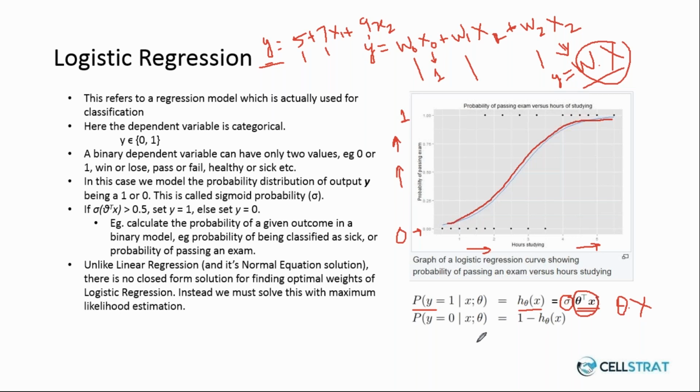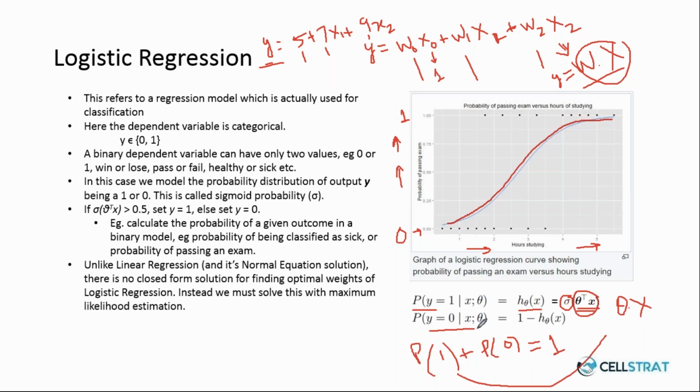And see, probability total is always 1, right? So the probability of the output y being 1 plus the probability of output y being 0 always has to be 1. If you know your probabilities, you understand the total of probability is always equal to 1. So what I have done here, I have taken 1 here.